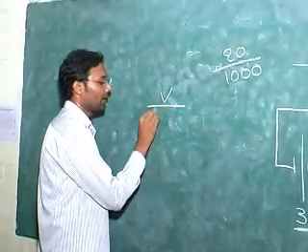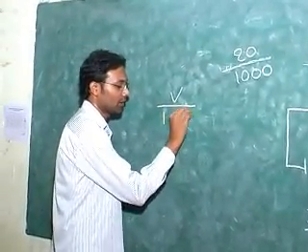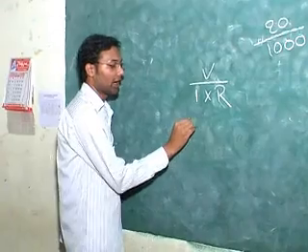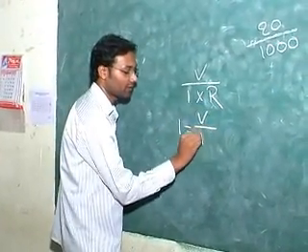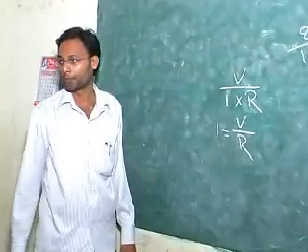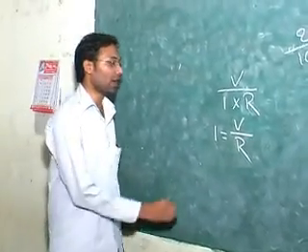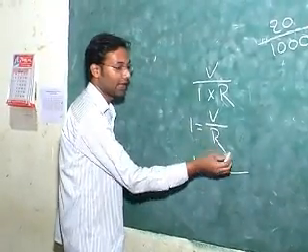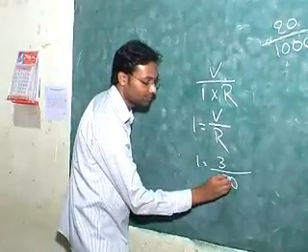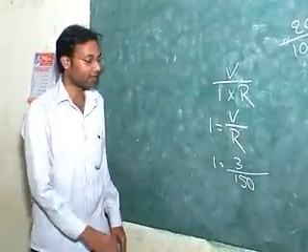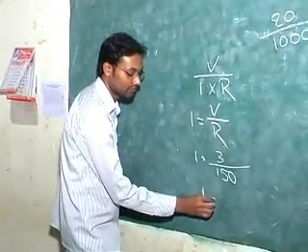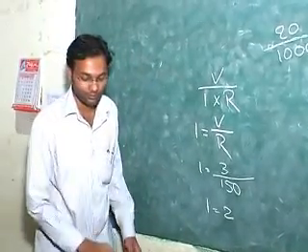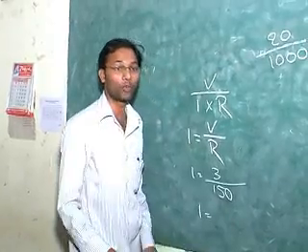V is equal to I into R. This is our formula. So to know the I value, I is equal to V by R. Now I is equal to, what is the V value? 3 divided by, and the R value is 150. If you divide it, what is the value? 0.02.